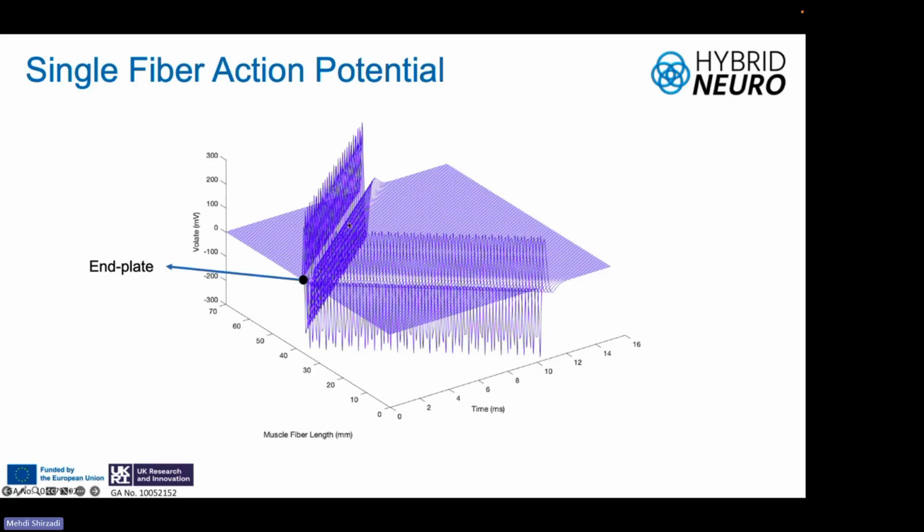Imagine that here this is the neuromuscular junction, or from the muscle fiber point of view, our end plate, where the pulse arrives, more or less in the middle of the muscle in this study. You can see that as time increases, the action potential travels along the muscle fibers until it reaches the tendon, at both ends of the fiber.